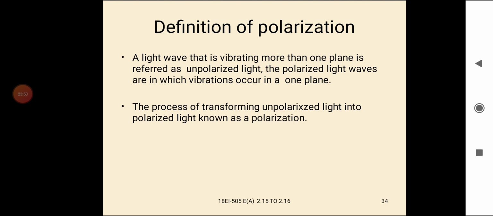The process of transforming unpolarized light into polarized light is known as polarization.